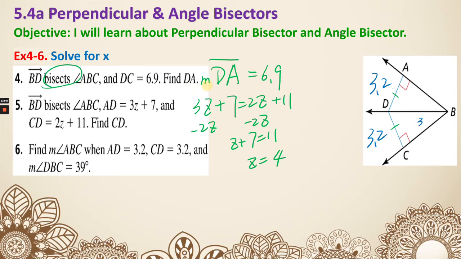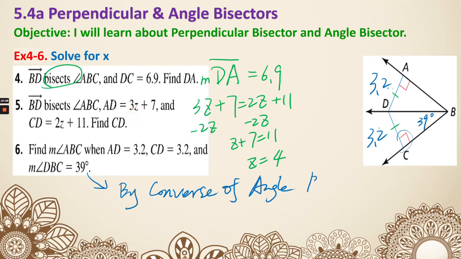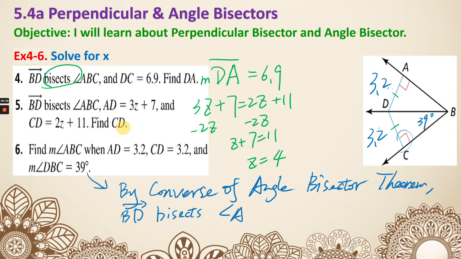DBC is 39 degrees. So first, because we see it's perpendicular, they're also the same, by the converse of the angle bisector theorem, we can know BD bisects angle ABC.